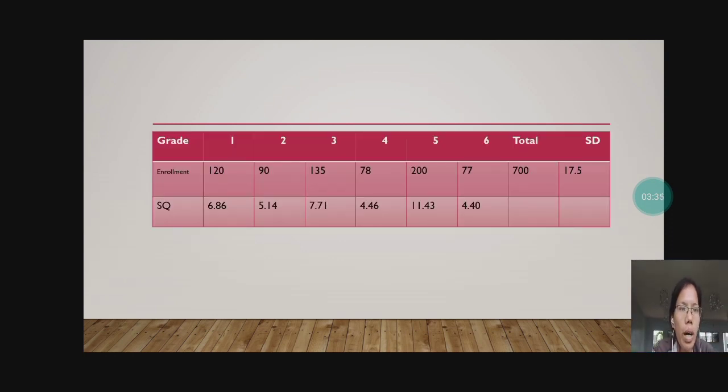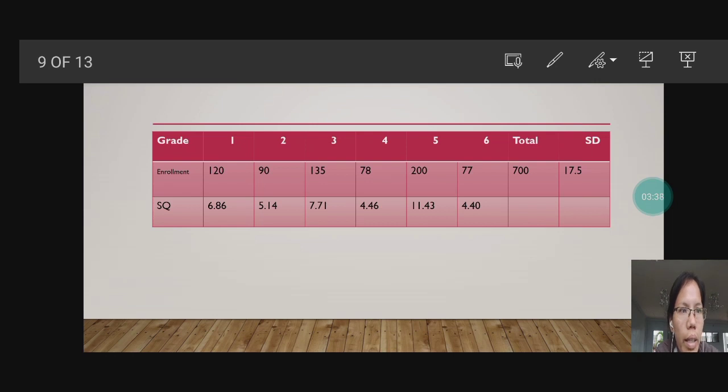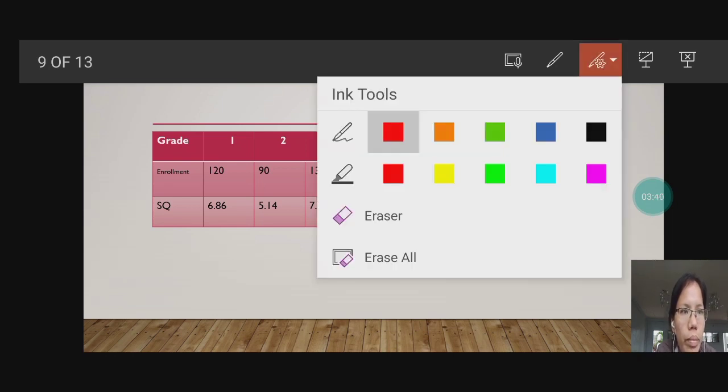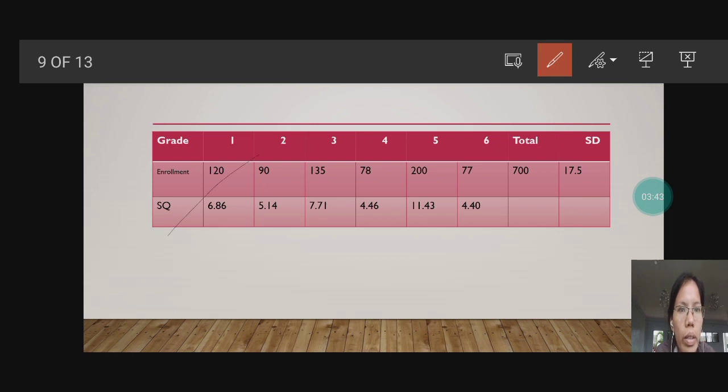So we start by dividing 120 over 17.5. The total is 6.86 using the standard divisor given. Then 90 divided by 17.5 is 5.14. For grade 3, 135 divided by 17.5, the standard quota is 7.71.